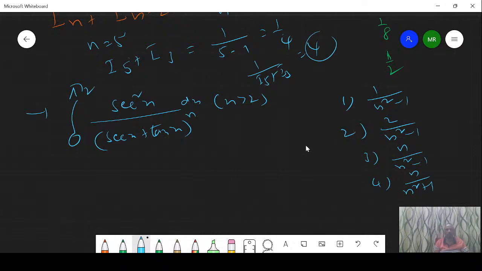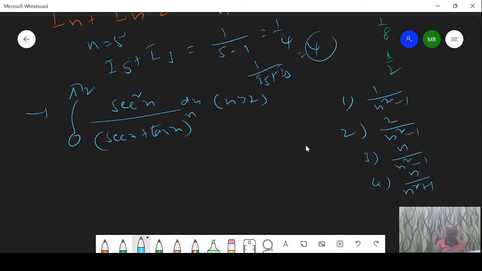This is also a standard problem. I think I discussed it in the morning session, the previous session. The integral of secant square x by secant x plus tan x whole power n, dx. When they give this one, it is a standard problem, so you can remember this one.